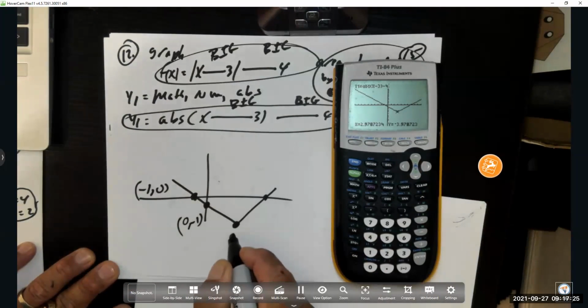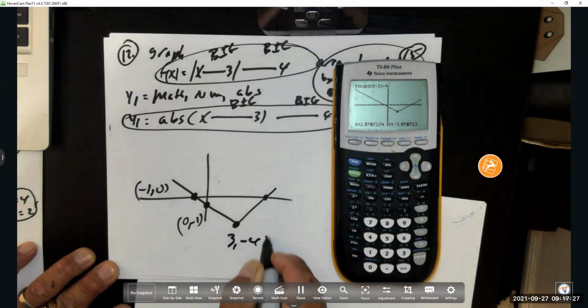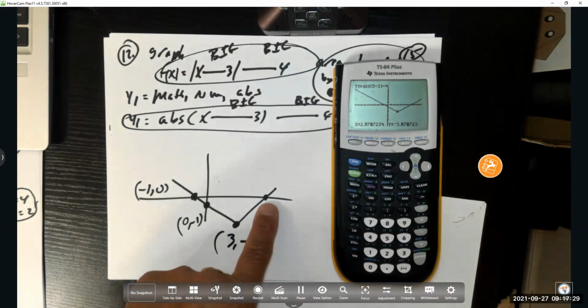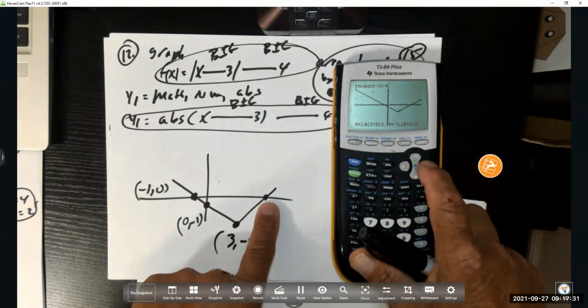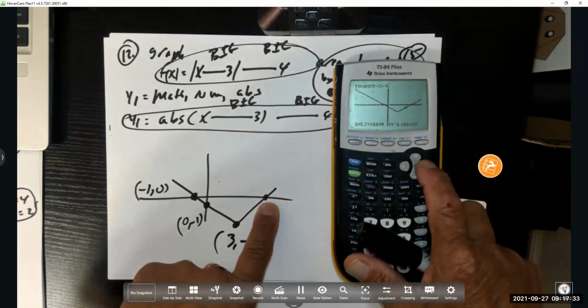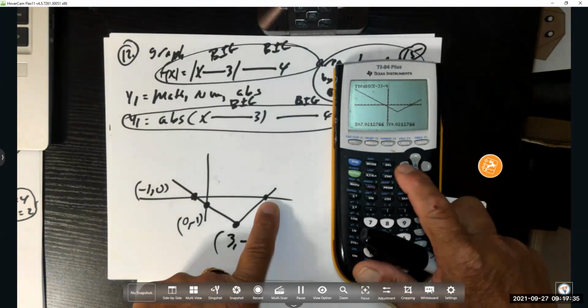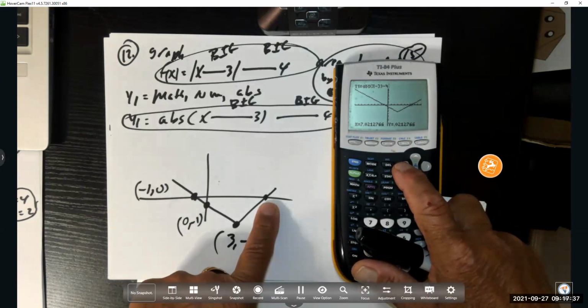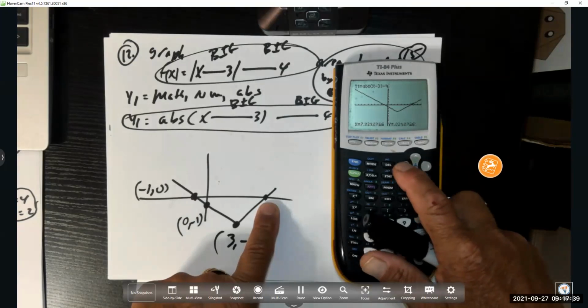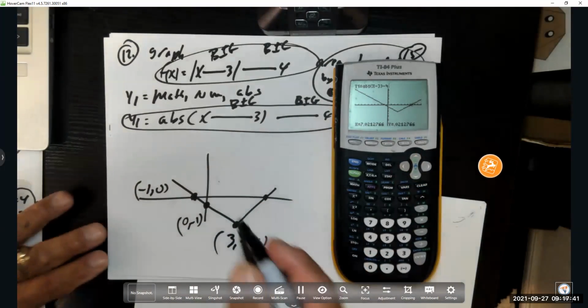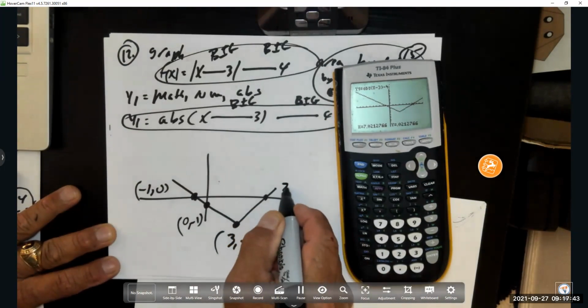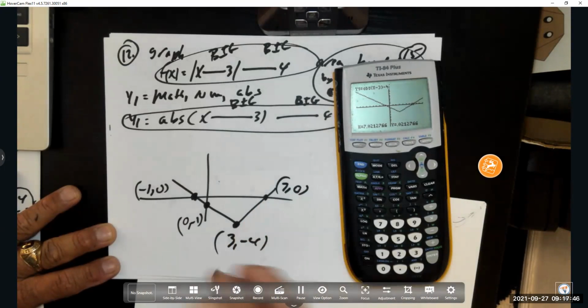So I'm gonna say this number here is 3 and -4. If I go to the right, this guy over here, it looks like it's close to 7. Yeah, we just say this is 7, 0. Okay, so I got the dots.